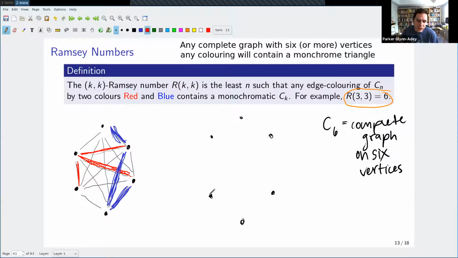Okay, so check it out. So we're going to pick a vertex. Let's pick this guy. And how many edges come into that vertex in the complete graph? Well, 1, 2, 3, 4, 5. Okay, now we've got five edges, and we need to color them in 2 different colors.